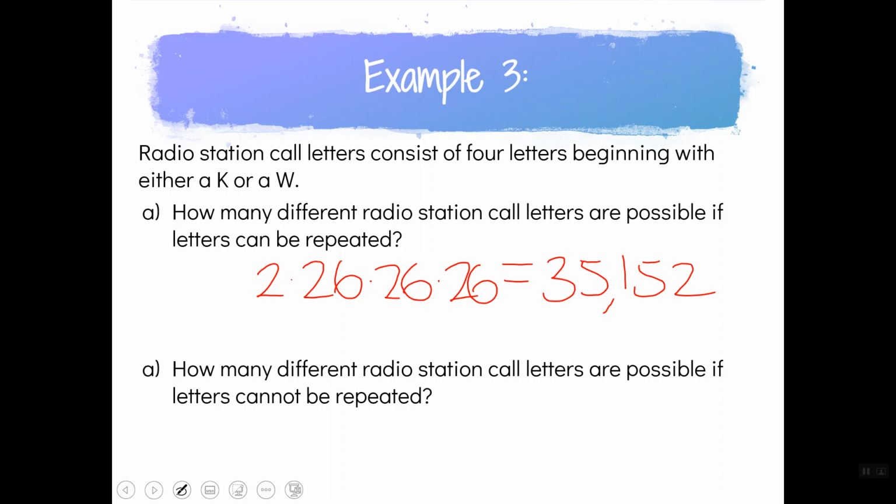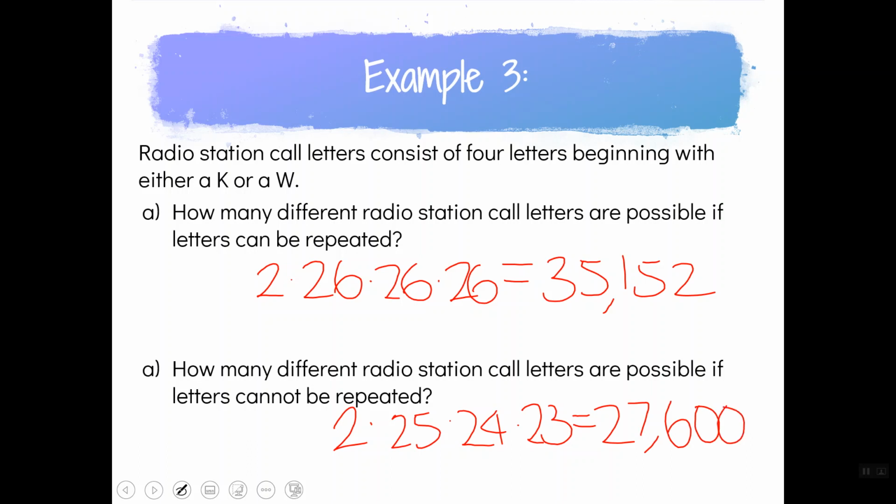For the second, though, if they can't be repeated, you still have 2 to start, but once you've used a K or a W, you only have 25 left, then 24, then 23. Other ways you could get both of these, but these are the most intuitive ways.